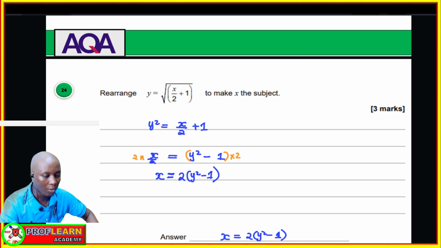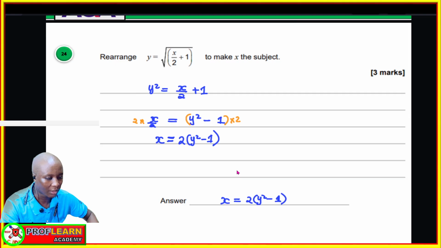Don't forget to look at areas like making the subject of the formula. That's another gray area that you may be asked. So remember for this section here, we want to make x the subject. The first thing I was to do was to remove this square root by squaring both sides.